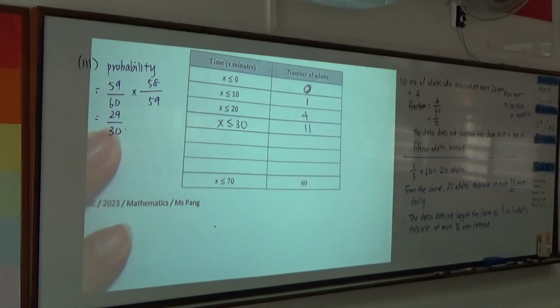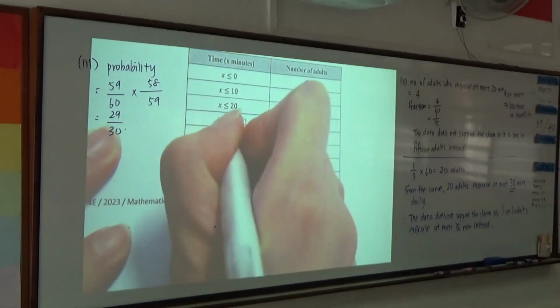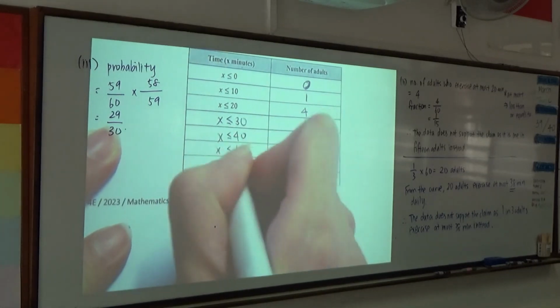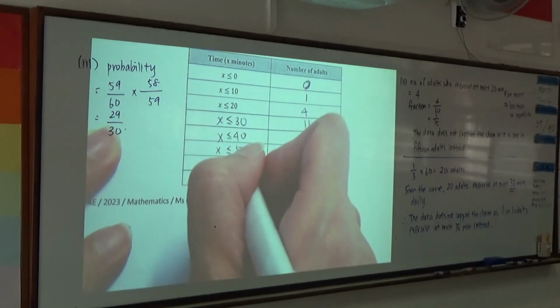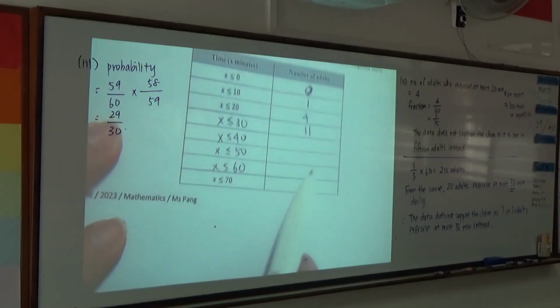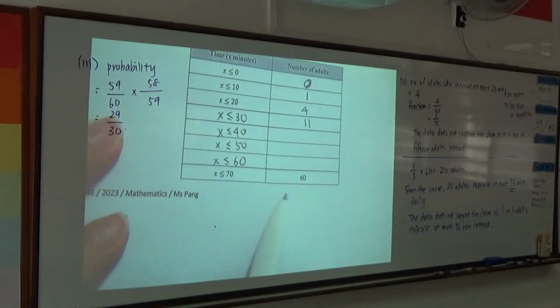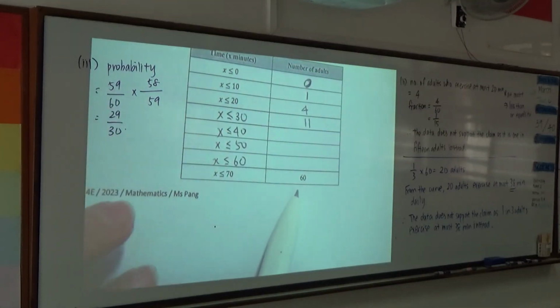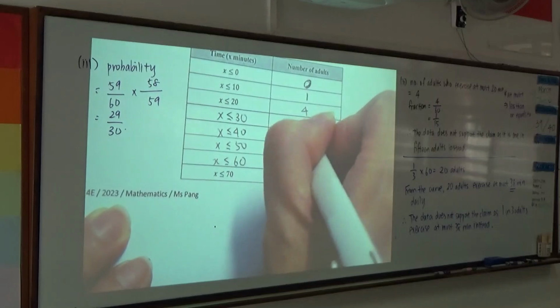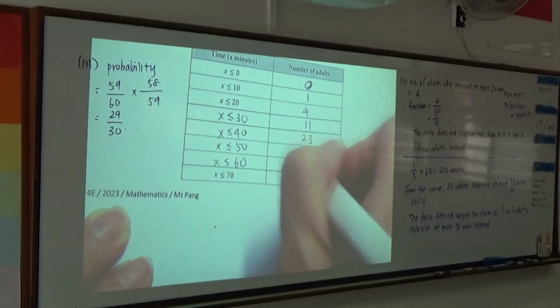We do the same for the rest, all the way until the interval of x less than or equal to 70. And at x less than or equal to 70, it has to be 60 because for a cumulative frequency table, this last value must be your total frequency. If you read from the curve, you will find that this is 23, 46, and 56.